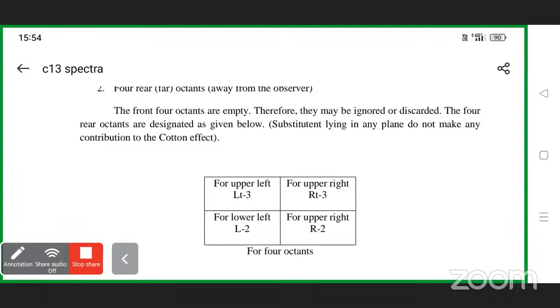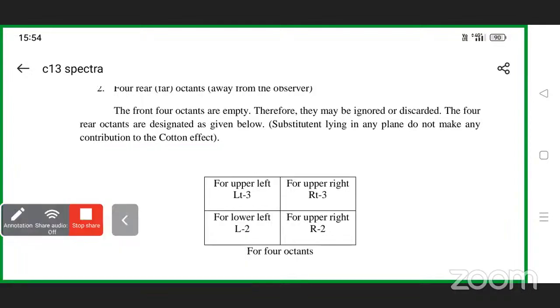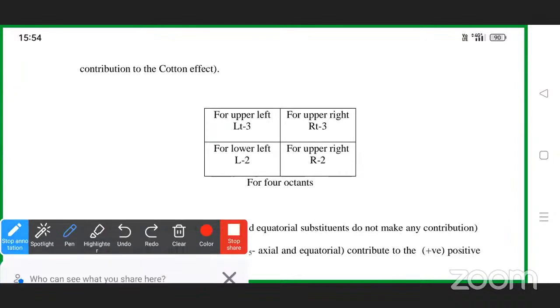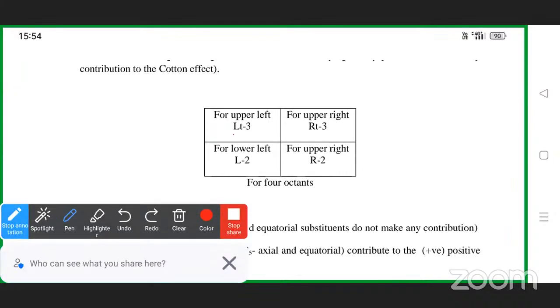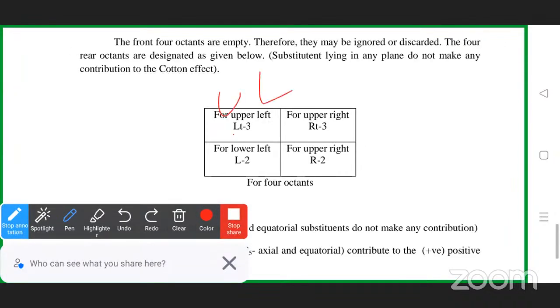So we consider only 4 here. Among these 4, we have these types. Here is an upper left, this is lower left, here is an upper right, and here is a lower right, LR. Here is some mistake: this is not upper, it is lower left, right. So these are the 4 coordinates.